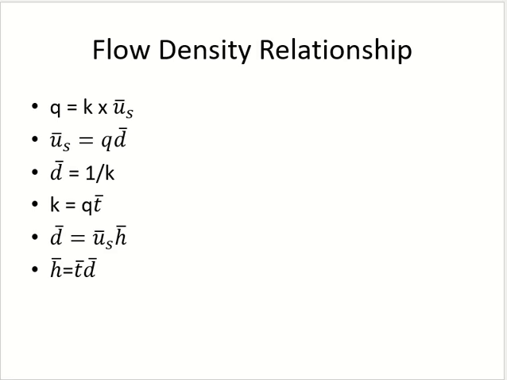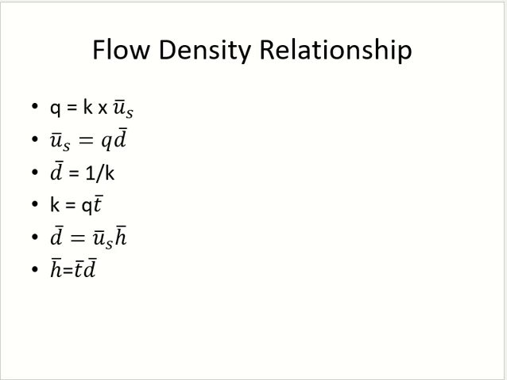So D dash is average spacing, U_S is space mean speed, and H dash is average time headway. Clear? So it is coming from here. In this equation, Q is replaced with inverse of headway, and K is replaced with inverse of spacing. Clear?